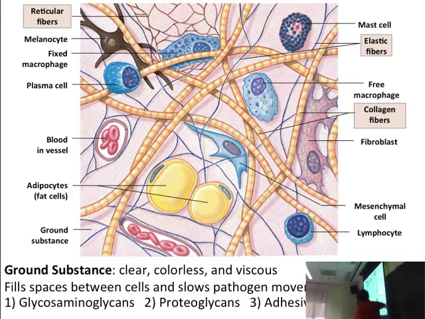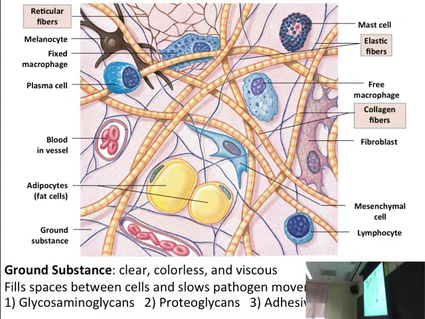In between, this negative space between everything in this slide, everything that's pink here, is called ground substance. Ground substance. It is clear, viscous, and colorless. Has anybody ever had any kind of squishy toy that your older brother cut the head off of, and it oozed this gooey stuff?